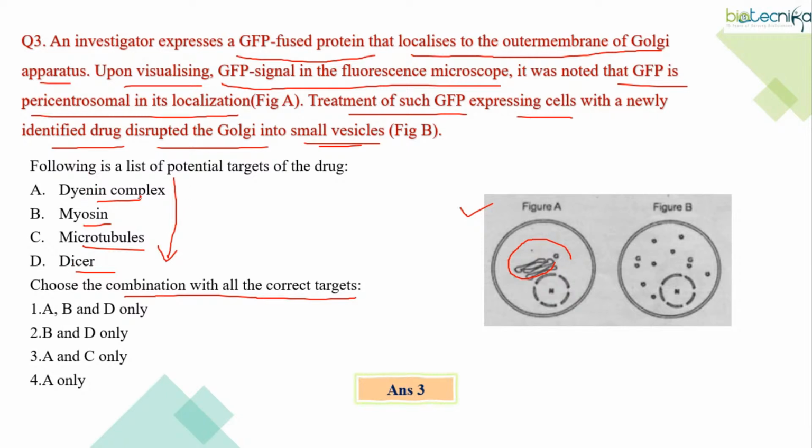Any idea what is the basic difference between kinesin and dynein? Which ended motor protein are they? Positive, negative? Which side are they? Again, you might be aware that different cell organelles are located in different positions within the cell.